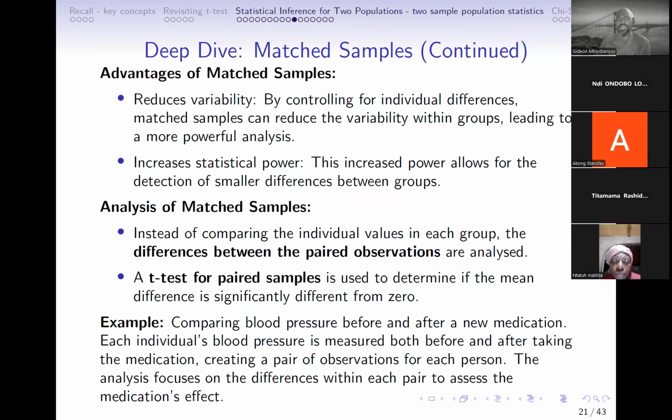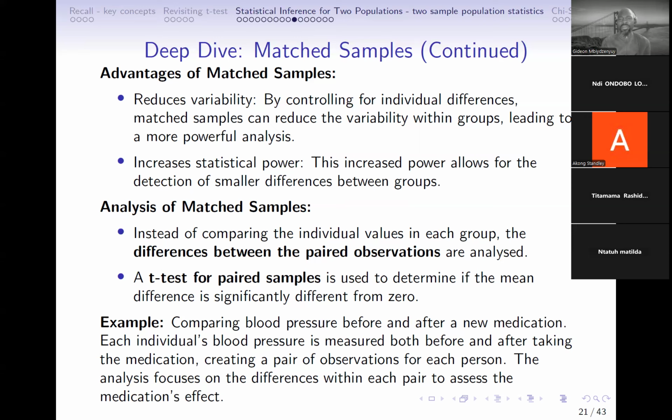In some sense, we can say that it does increase the statistical power. And this increase then allows you to detect smaller differences between groups. In simpler terms, the technique would be more sensitive.